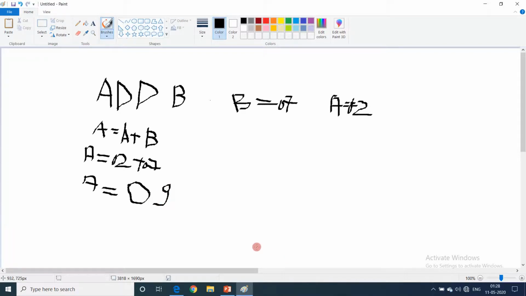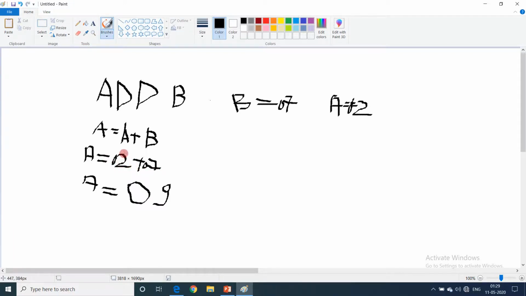So what happens is I am performing an addition operation. When addition is performed, the result will be stored in the accumulator. And also the accumulator is used to store one of the operands. For example, if I am doing 02 plus 07, the operands are 02 and 07.